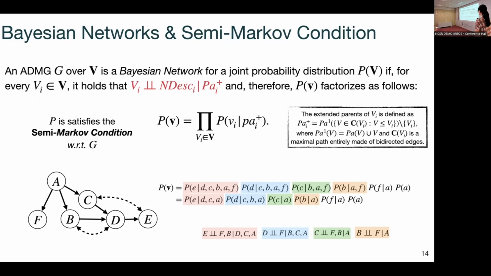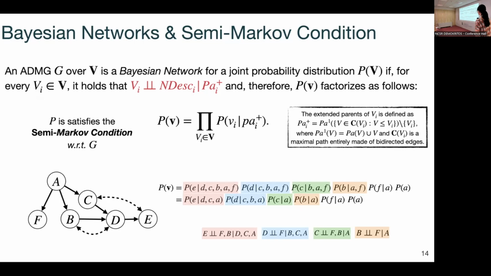So if you see here, the implied independence is that E is independent of F and B, given D, C, and A. E has D as a parent because it's a true parent, also has C because it's part of the component, and also A because it's the parent of C, which is part of the component. So you need all these parents to condition on.